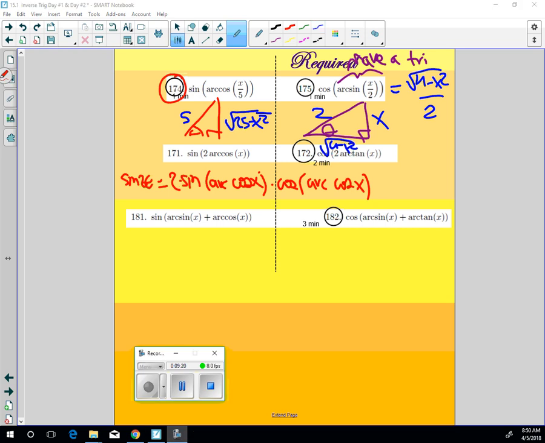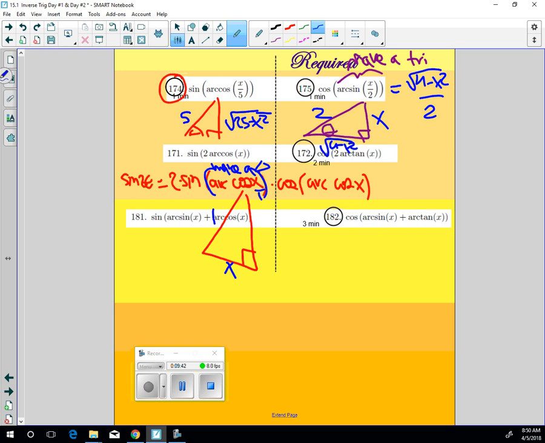All right, so now what we can do for each of these is make a triangle, because inside the parentheses is an inverse. We can make a triangle. So cosine is x over 1, right? X over 1. Cosine is x over 1.